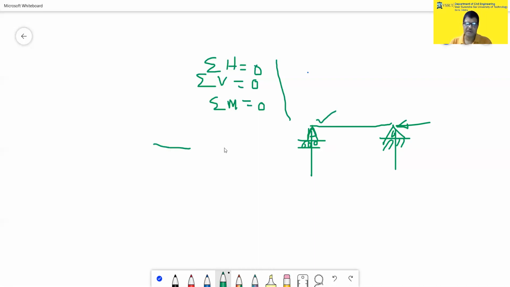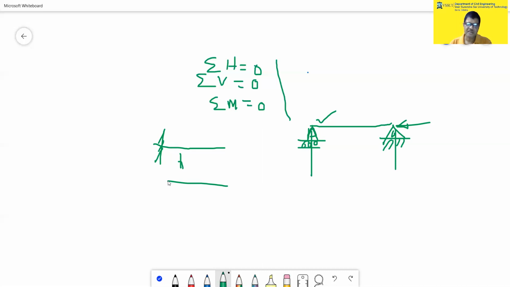Now, let's come to a cantilever beam. Is it statically determinate or statically indeterminate? If you draw the free body diagram of this beam, the support is replaced by the reactions.